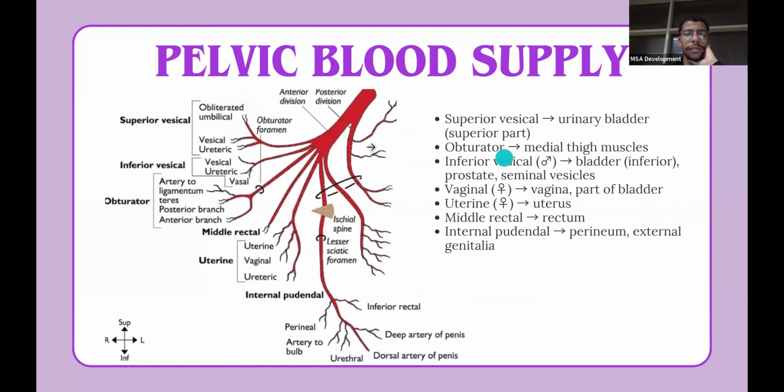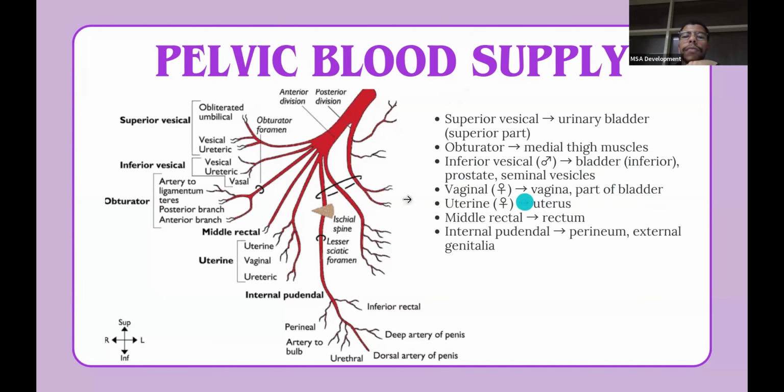Now here is what they supply. Superior vesicle supplies the urinary bladder, as we mentioned. Obturator, remember the obturator muscle? It's part of the thigh muscles. So the obturator artery will provide blood supply to the medial thigh muscles. And then we have the inferior vesicle, which supplies the bladder and, in males, the prostate and seminal vesicles.